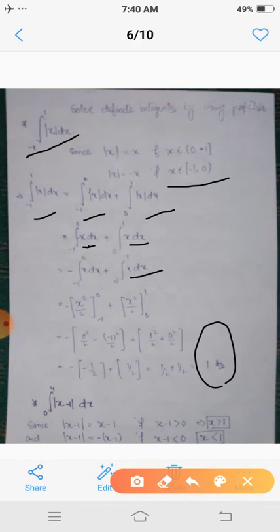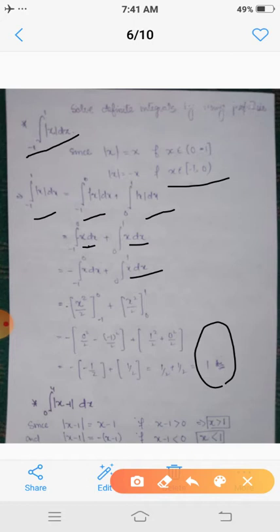Similarly, mod x minus 1 is minus times x minus 1 if x minus 1 is less than 0, by the definition of the modulus function, which is simply when x is less than 1.